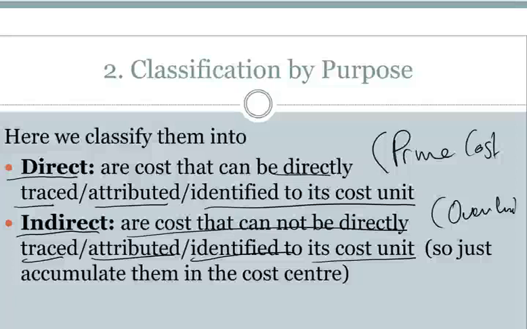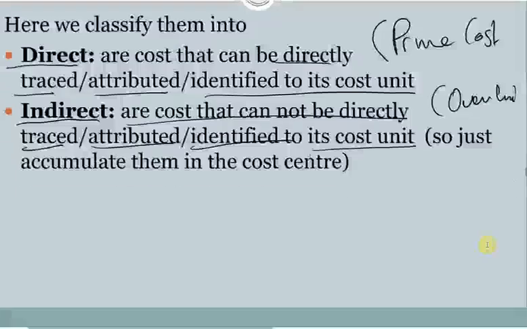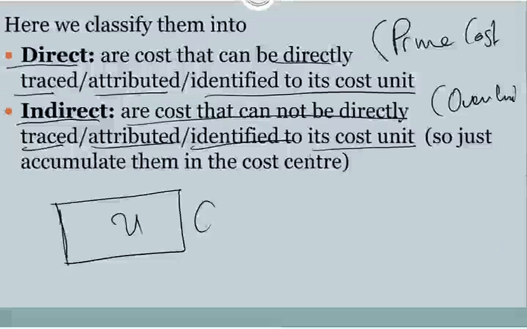We cannot actually know how much electricity cost this bed consumed. Stuff like those. So those are indirect. The thing is, all direct cost will be allocated to the cost unit because we can directly trace it to it. So we'll allocate it to its cost unit, right? Cost unit or direct cost.